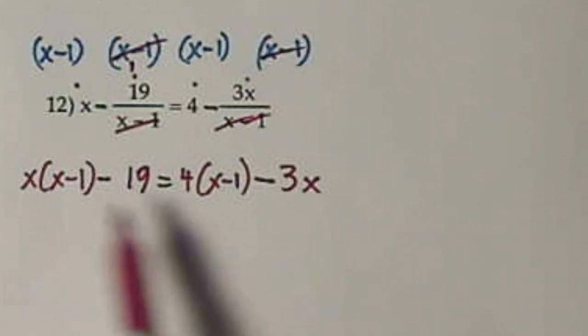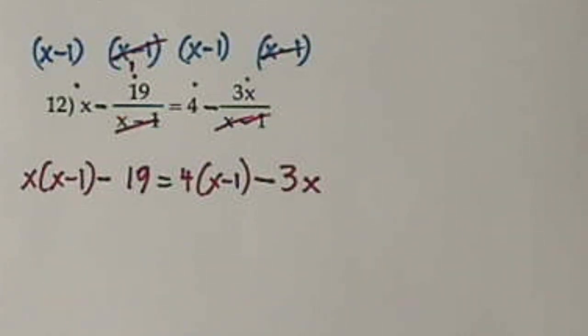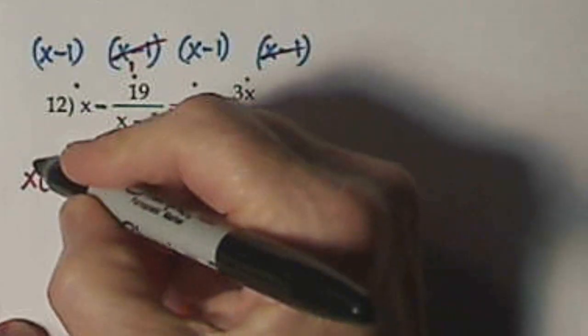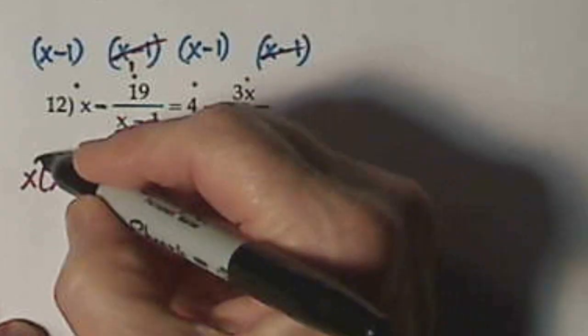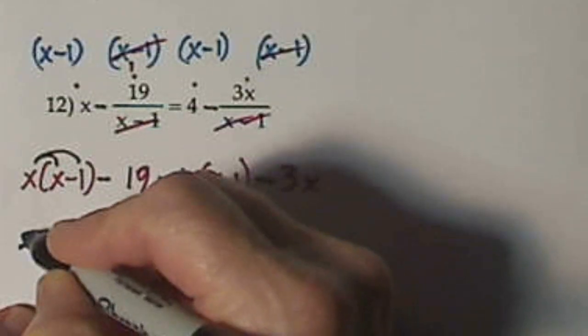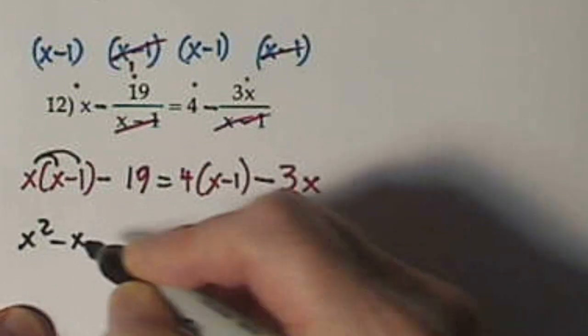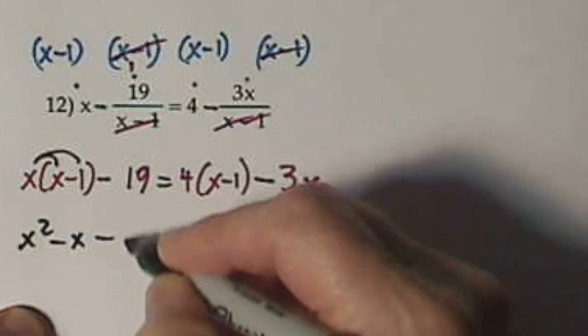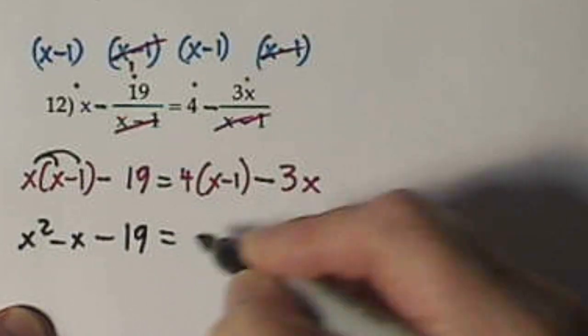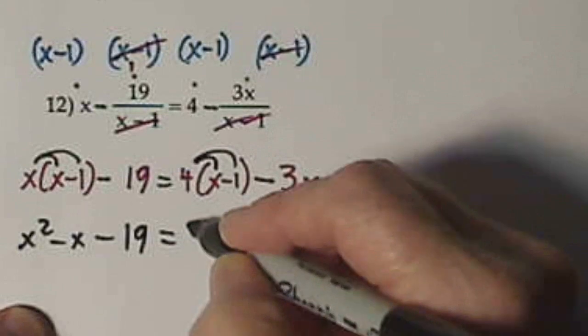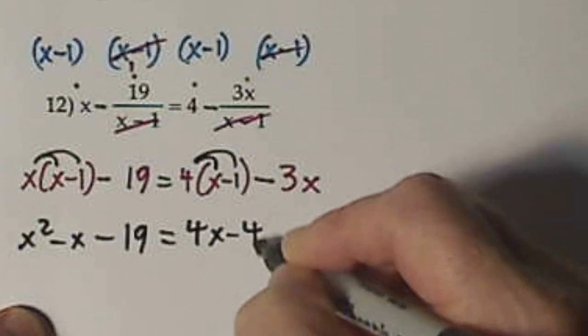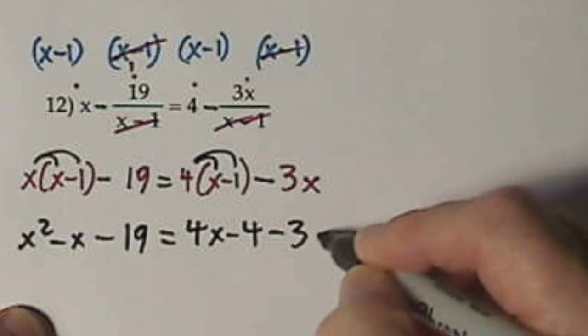Now we'll need to get rid of these parentheses and see if we can clean things up a little. So we'll send in the x to each term. Then minus 19. Send in the 4. Bring down your minus 3x.